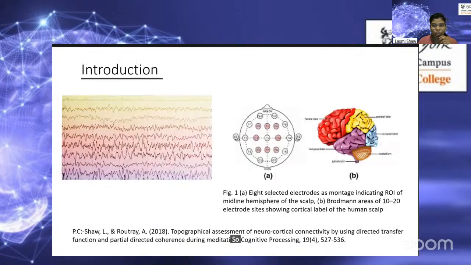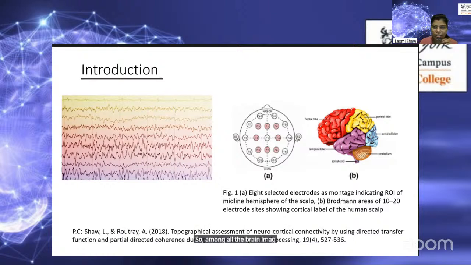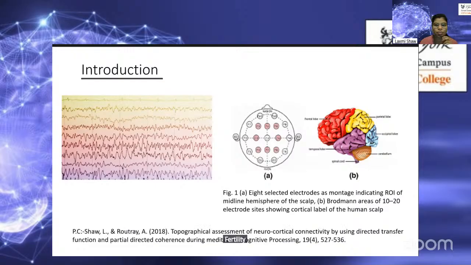The recording of electrical potential produced by the synchronized firing of neurons is mostly captured as an electroencephalogram, that is well known as EEG. Among all the brain imaging techniques, EEG is unique due to its low cost, simplicity, accessibility, high temporal resolution, portability, and non-invasive nature.